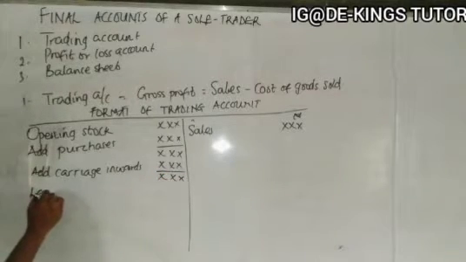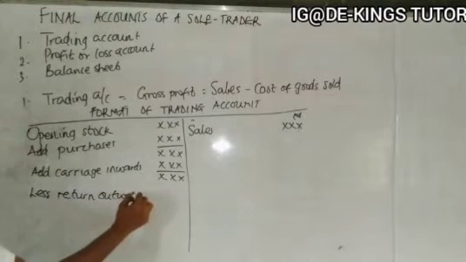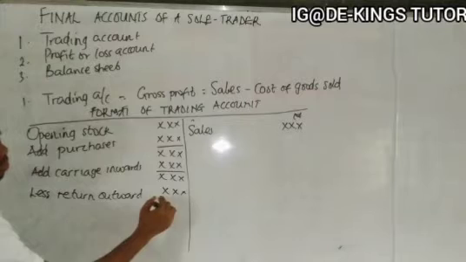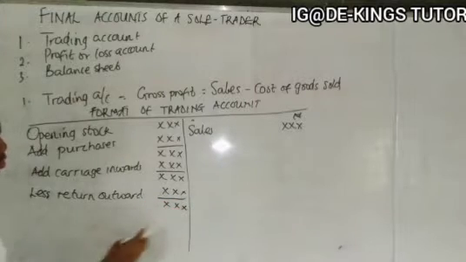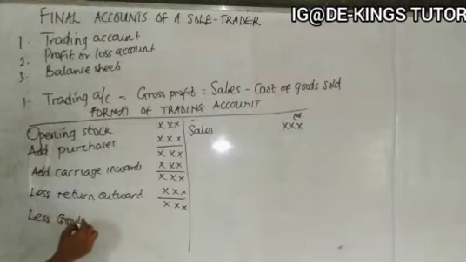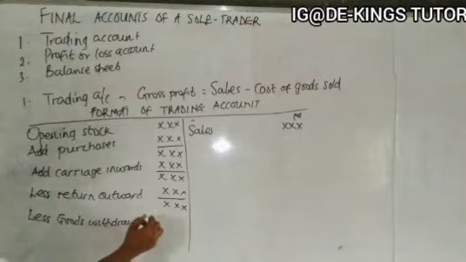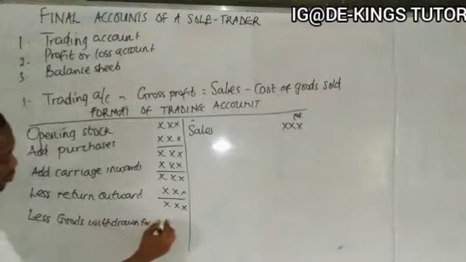Another is less return outwards. Another is less goods withdrawn for own use.